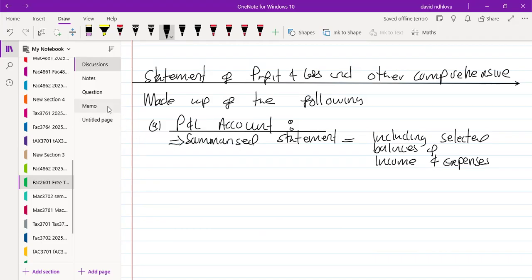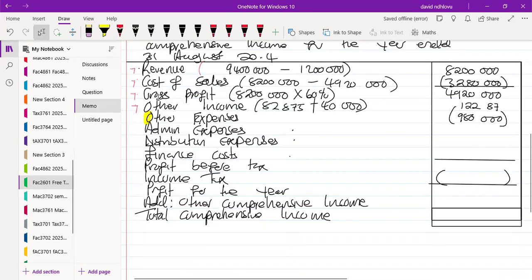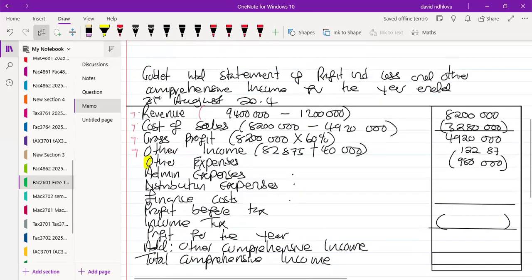If you go to the work that we did in the previous week, you will see that we have got a structure that we'd already compiled and populated as well. So your statement must have revenue. Remember, revenue encompasses a number of things in its calculation.